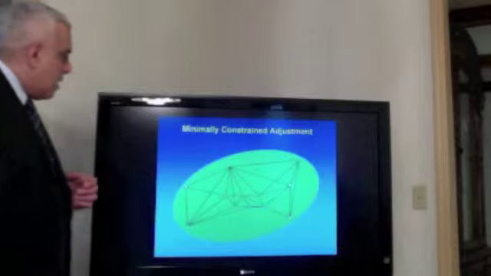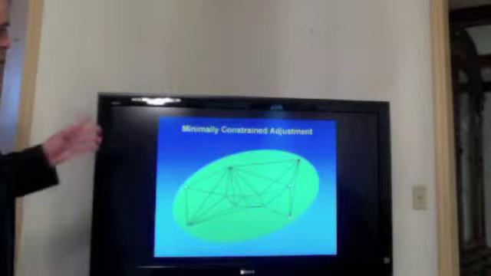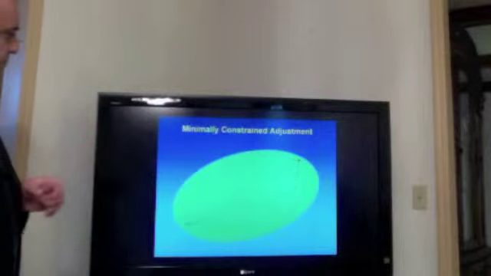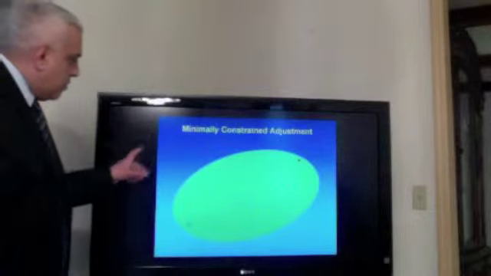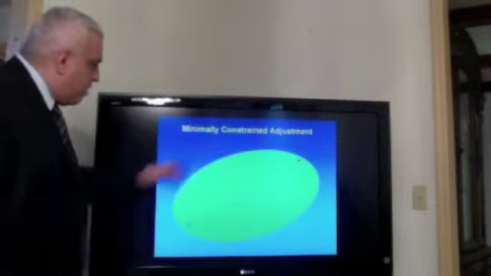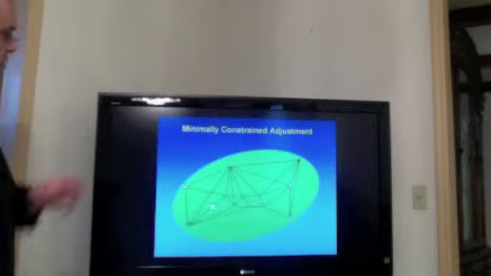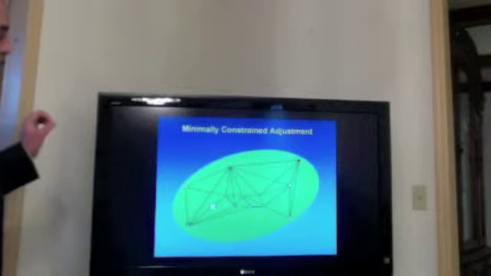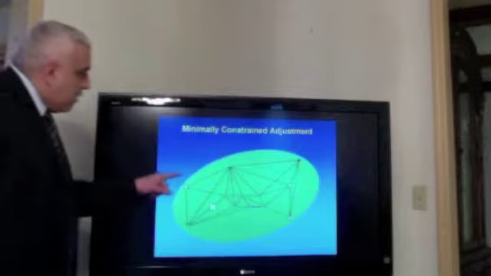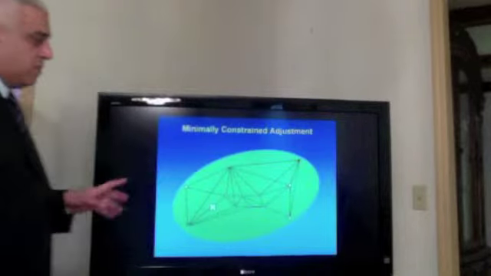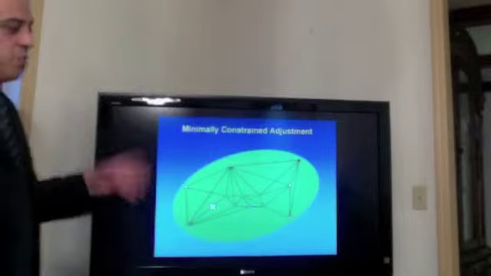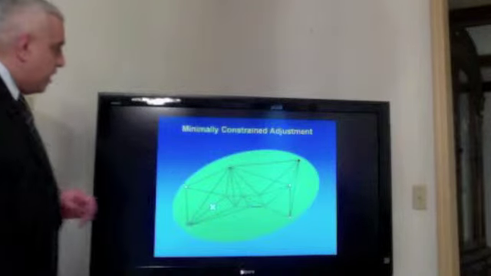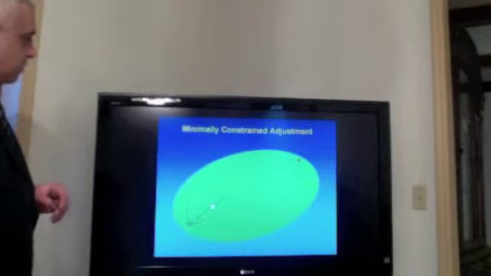So if we get the network like that, we don't fix any of those monuments, but we will use a state to fix an internal measurement, any baseline, or nowadays the modern software will choose that for us.